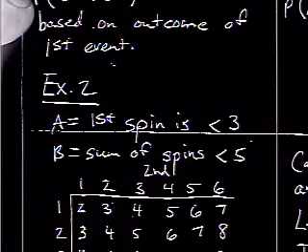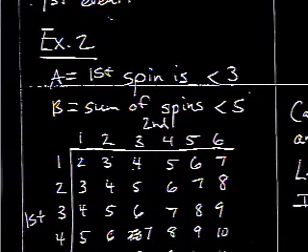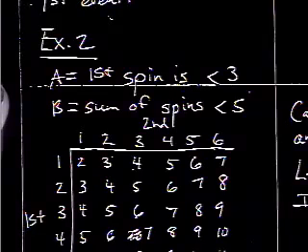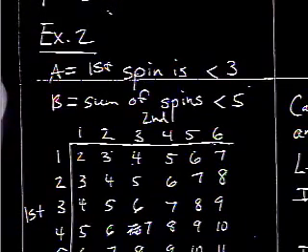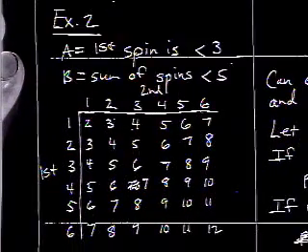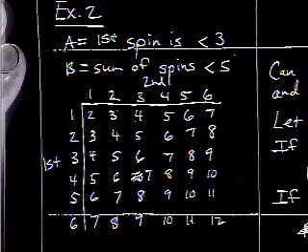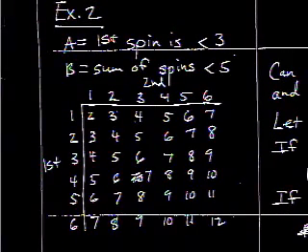So let's take a look at example 2. In example 2, event A is the first spin is less than 3. Event B is the sum of the spins is less than 5. So I made out a sample space. This one I did have to look at the entire sample space, so I had to work out all the numbers.